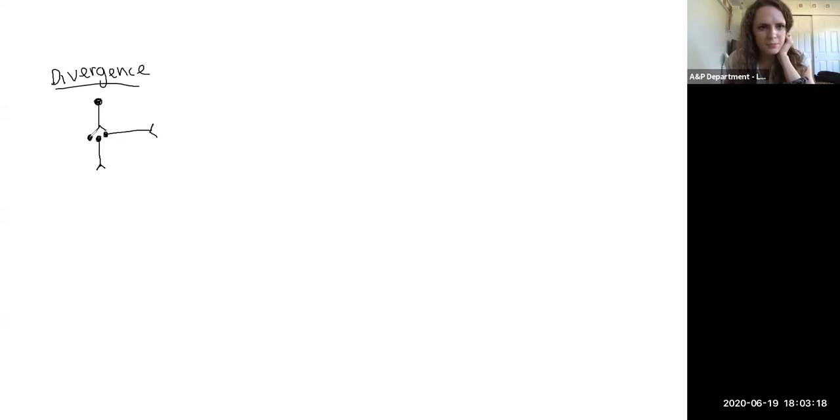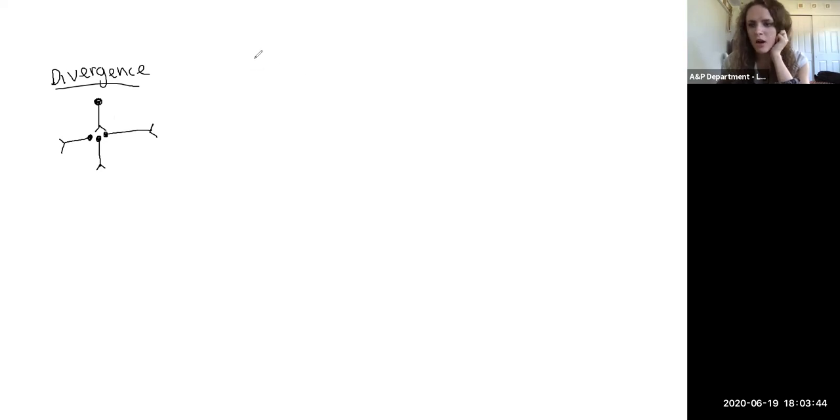Okay, so it synapses on many different neurons. So divergence is when one neuron synapses on many neurons. This is how you're going to have a widespread response. You send one little stimulus down and it's like a ripple. It's going to just go to a bunch of other neurons. It's going to diverge.